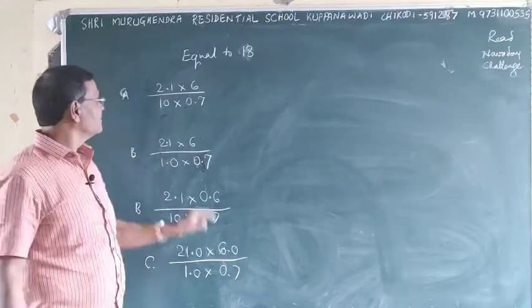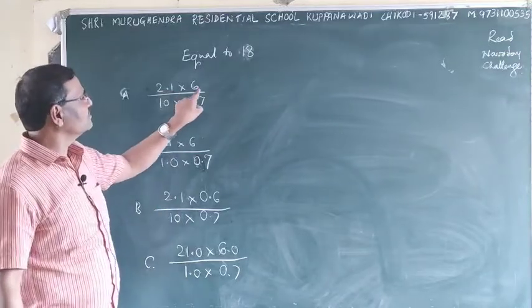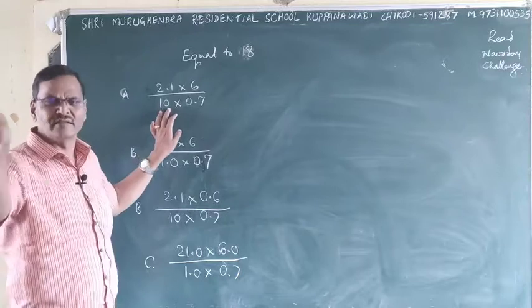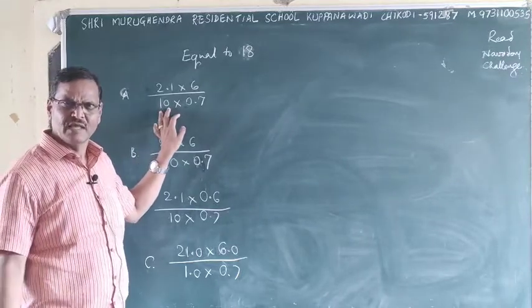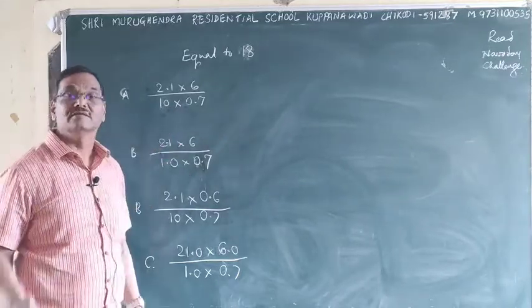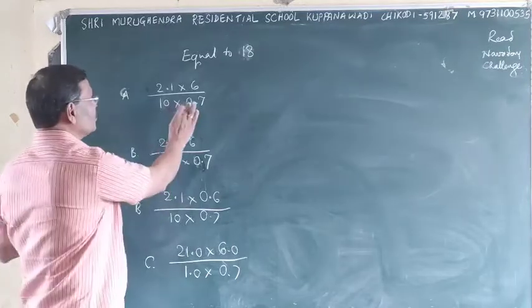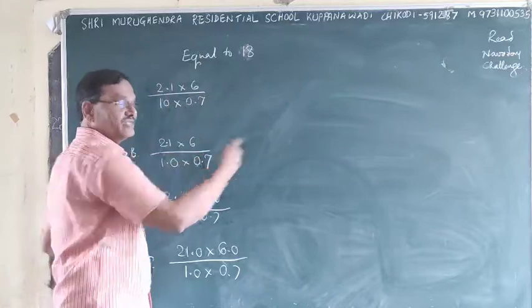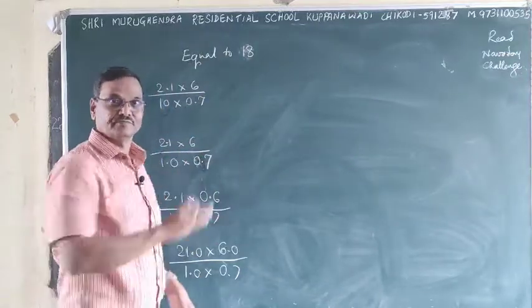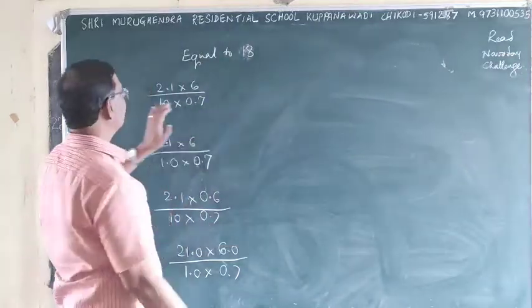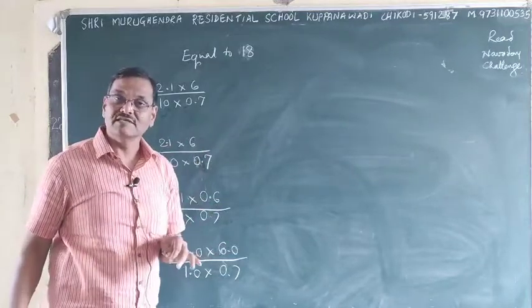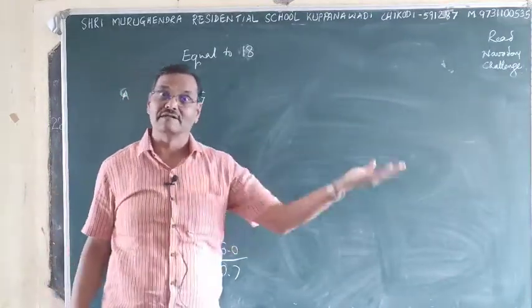This is 21, this is 6, this is 1. Neutralizing, so that this 0 makes some difference now. As in multiplication, this point will go and come to the right side, isn't it? And in division, it goes left.